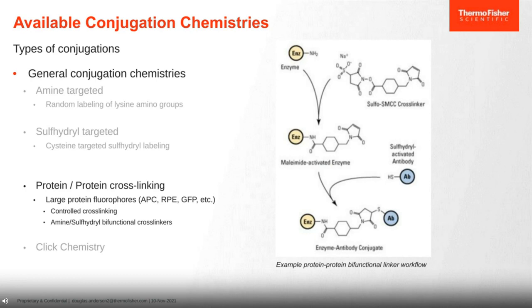And so you can basically pop one side of the linker onto your first protein under the conditions for one of the reactive groups, and then you follow it up with your second protein and you use the second reactive group's reaction conditions. And this two-step method lets you have a well-defined cross-linking event where you can control the amount of cross-linking between the two to give you a well-characterized protein conjugate.